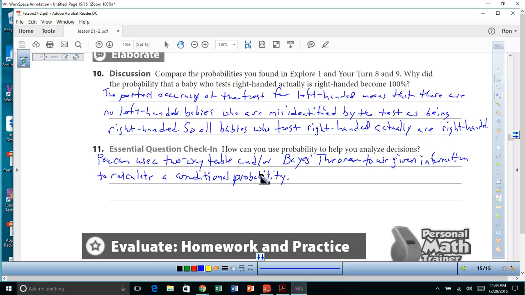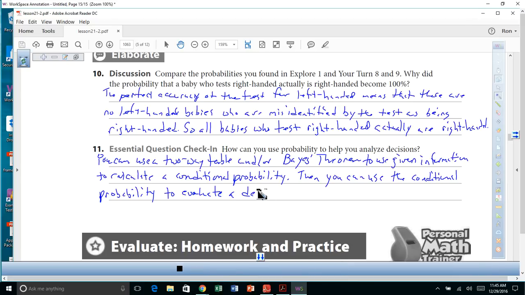Then you can use the conditional probability to evaluate a decision based on the given information.